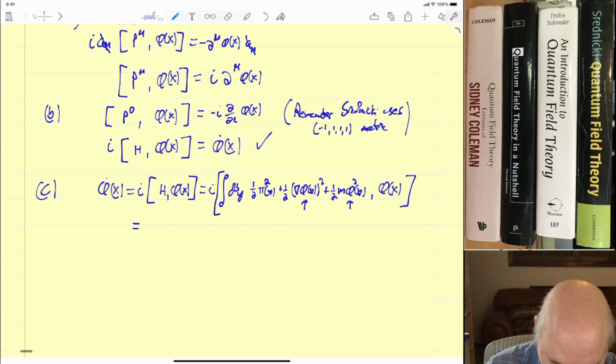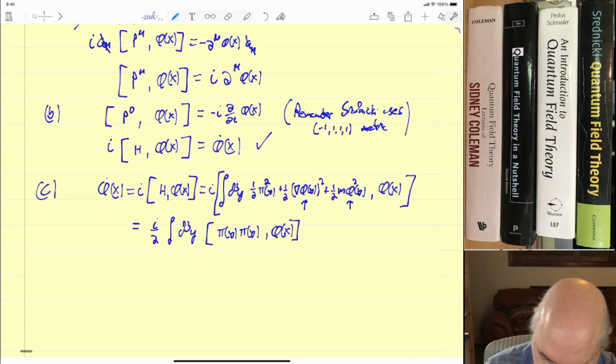So we're going to get I over 2. And we can also take the integral out of the commutator. I over 2, the integral of d3y times the commutator, pi of y, comma, phi of x.